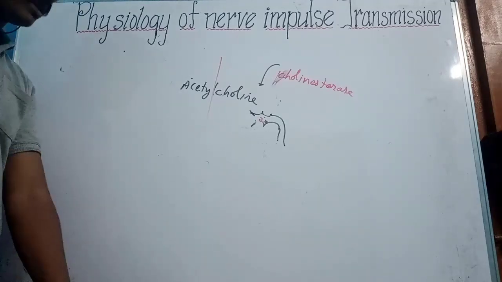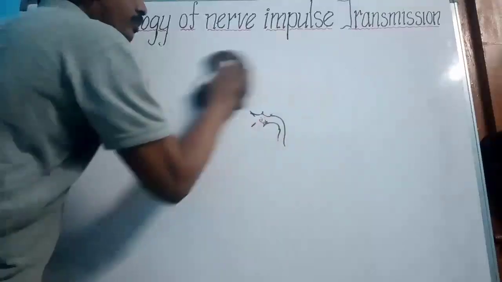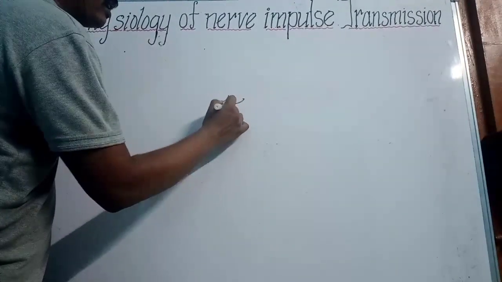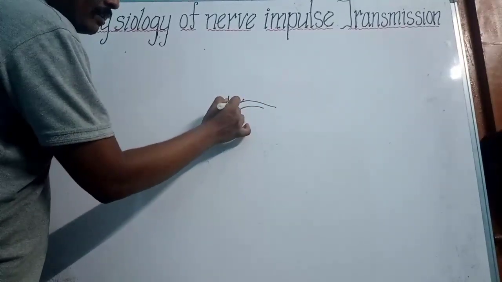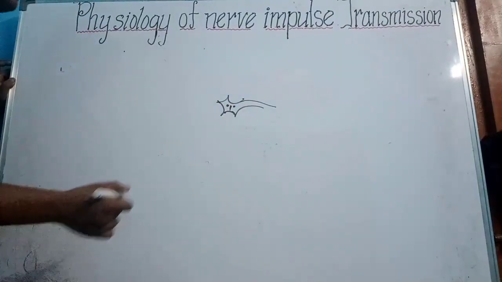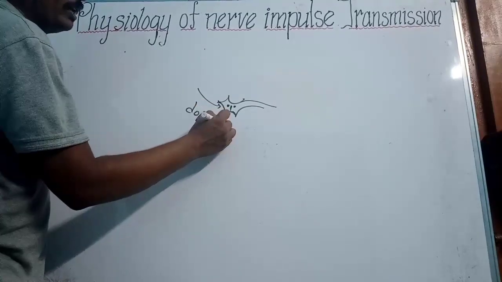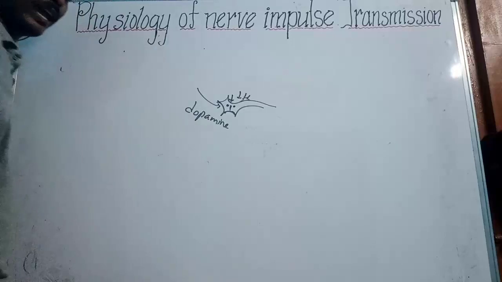In the same way, if there is one more neuron who is also feeling bad, we have one more neuron here. This neuron is also feeling bad because he is being inhibited by dopamine, assume. He is being suppressed, told not to get activated, and he is not happy.